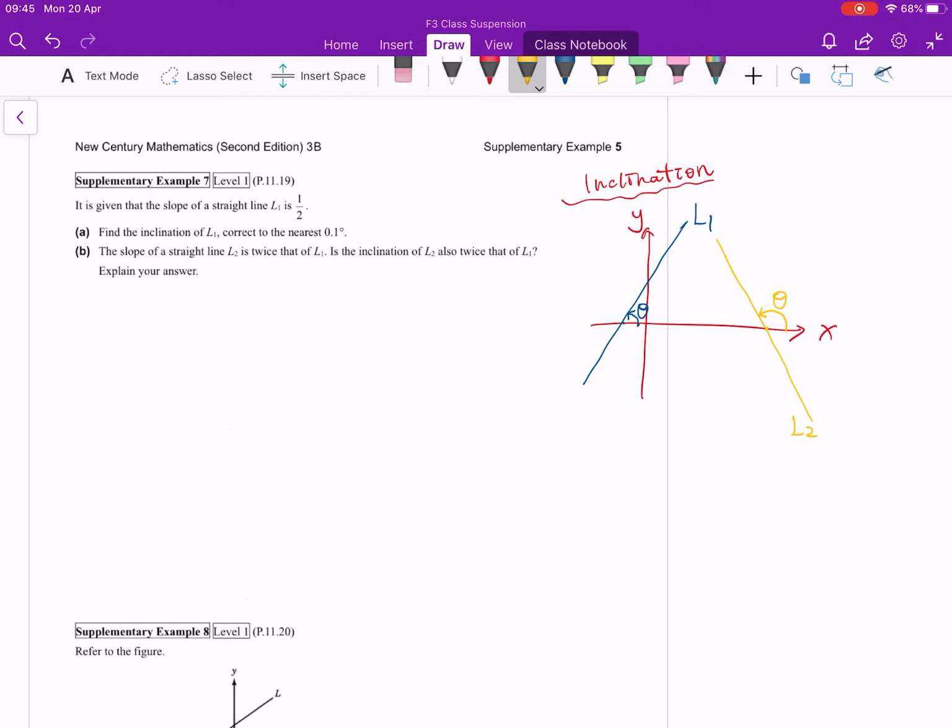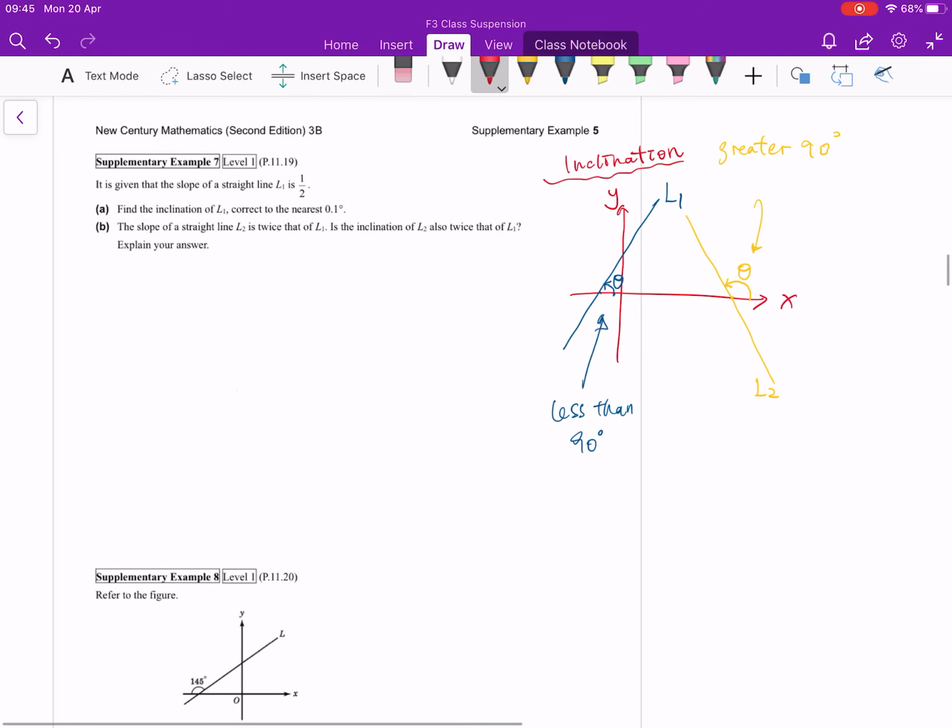The inclination of the straight line on coordinate plane can be less than 90 degrees or greater than 90 degrees.